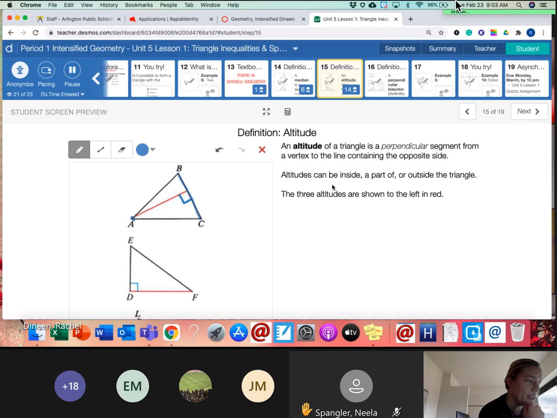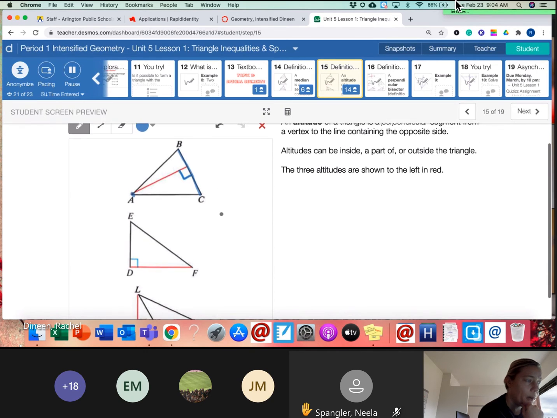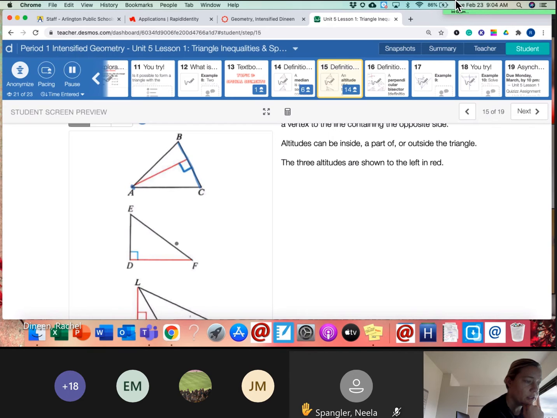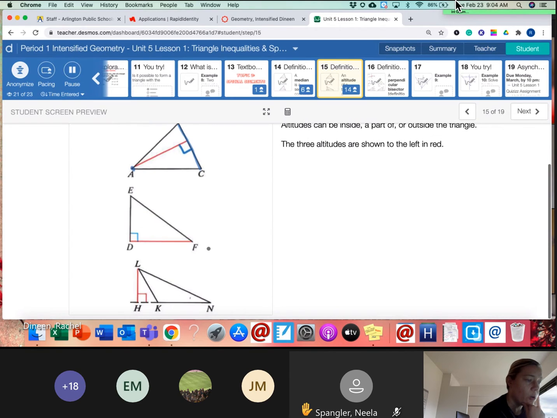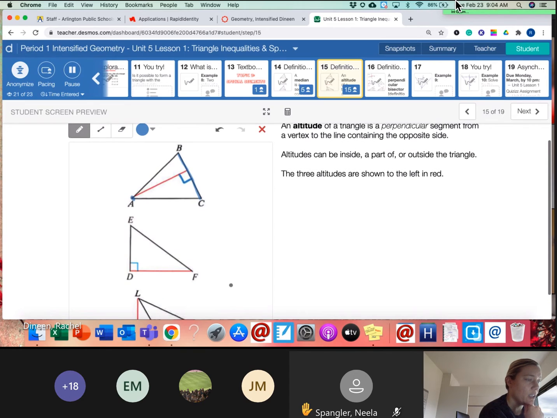Altitudes can be inside the triangle, like in the first example, a part of the triangle, like in the second example, or outside the triangle. So if you see an altitude, it goes from the vertex to the opposite side and it forms a right angle. It's perpendicular. All right. Questions on median or altitude?